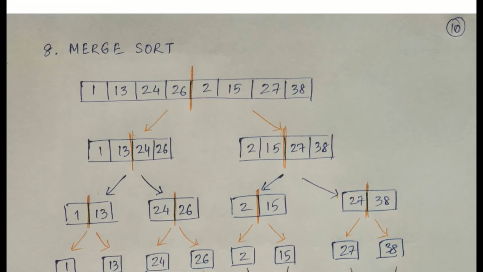So if I give you one element and I ask you to sort it, you say it is already sorted. If I give you 2 elements, let's say 10 and 11, you break it into 2 parts. 10 in itself is sorted, 11 in itself is sorted.